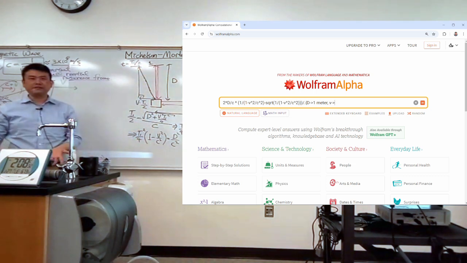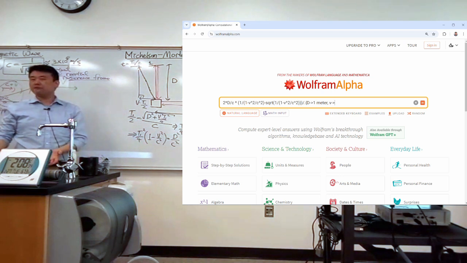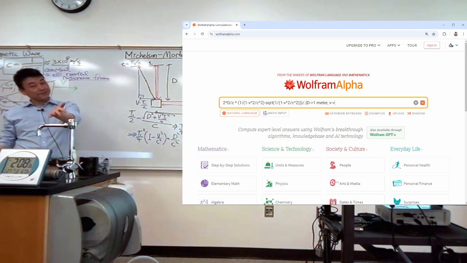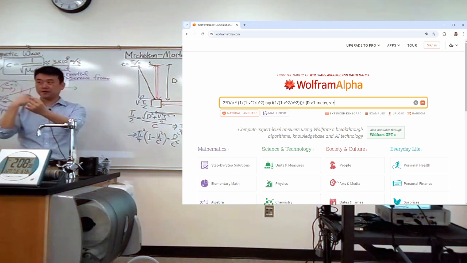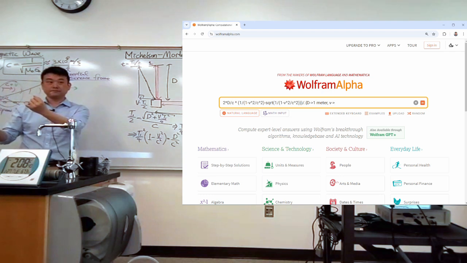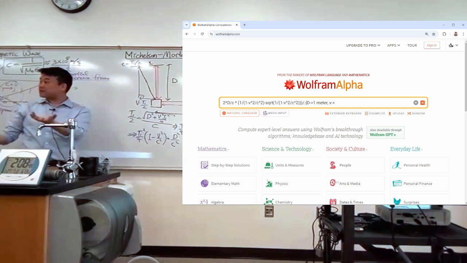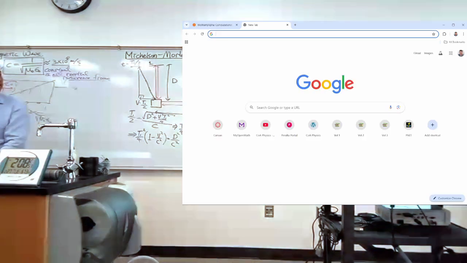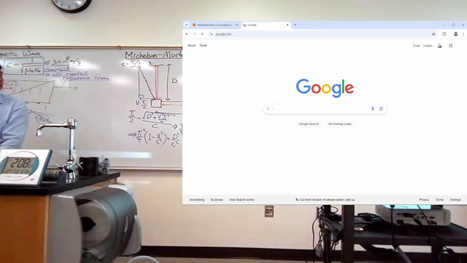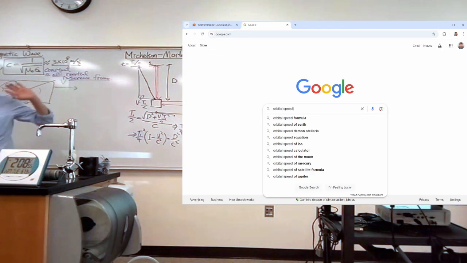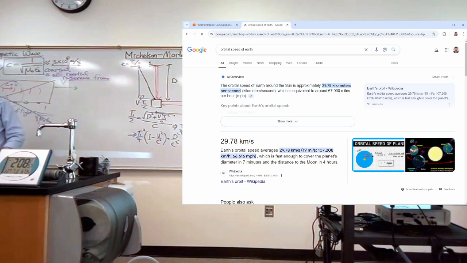It has something to do with Earth, but it's not the spin of the Earth. Orbital speed. Yeah, rotation around the sun. That's actually pretty high. Let's just look that up: orbital speed of Earth, just as a reference number to start with.